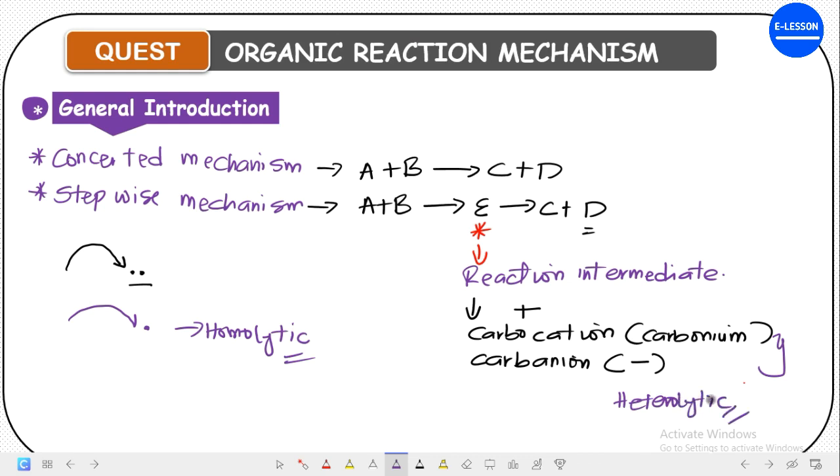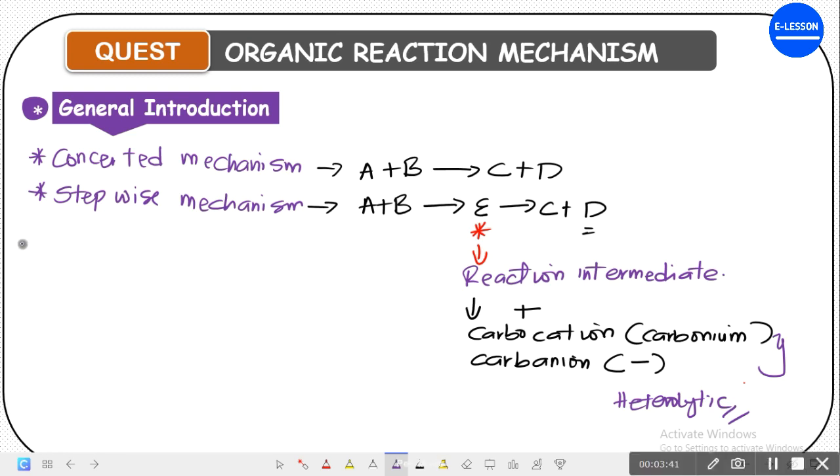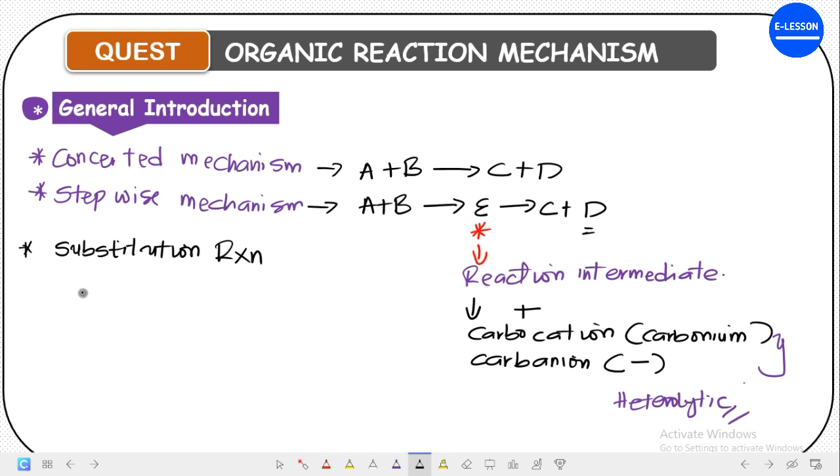So this is the summary of all that we learned. Now, generally, there are three classical organic reactions. The three classical organic reactions are, we have one, the substitution reaction. I'm going to use this to indicate reaction.